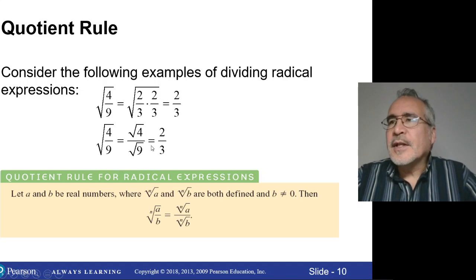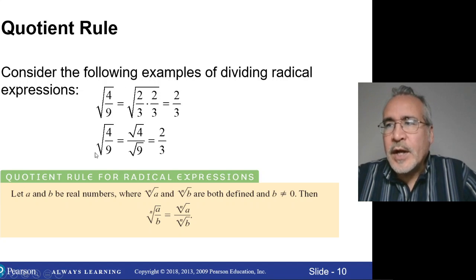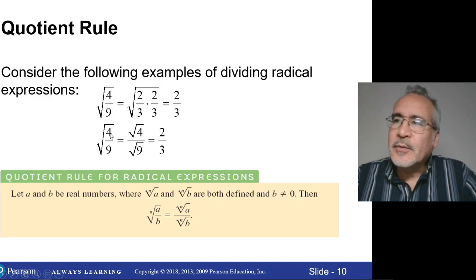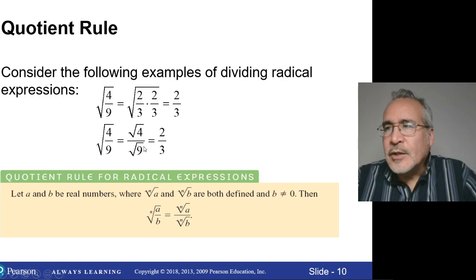Now we do get a few of these. This is with the quotient rule part. So this is equivalent to what we were doing with the multiplication part. So if they're in one house, we can break them up into 2. If they're in 2 houses, we can put them into 1. So whichever way we want to do it, 4 over 9 can be reduced down to 2/3. Notice how square root of 4 is 2, square root of 9 is 3.